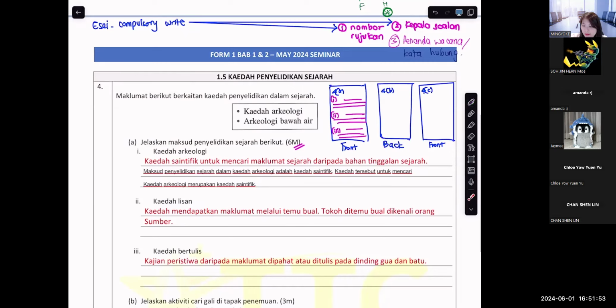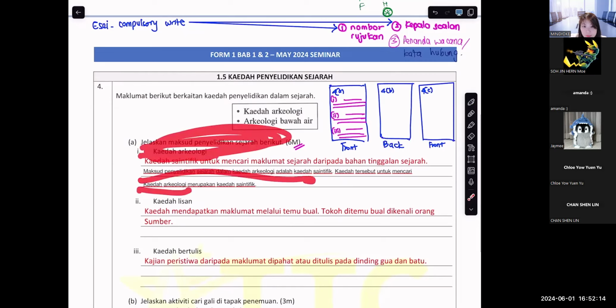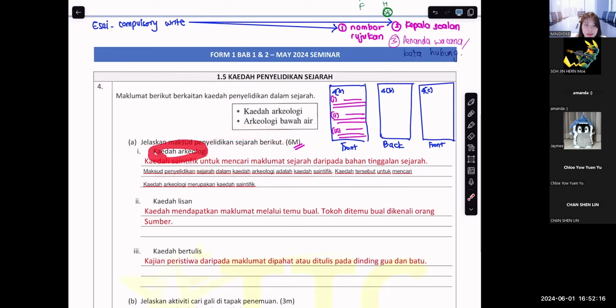You can either write first, maksud penyelidikan sejarah dalam kaedah arkeologi, or you can go direct to kaedah arkeologi. Because this and this are also soalan. Meaning kepala soalan means you can put both as kepala soalan into one kepala soalan. Or you can just write direct kaedah arkeologi. This is also kepala soalan.